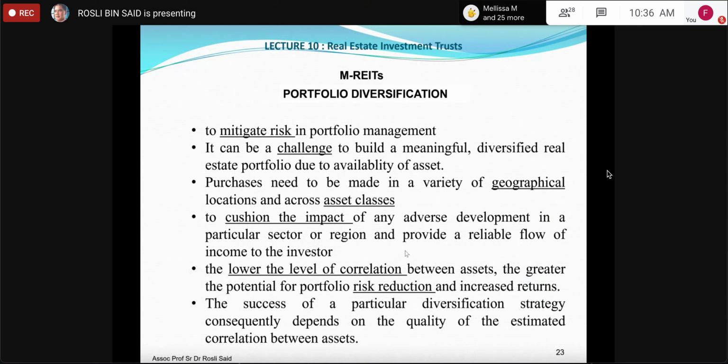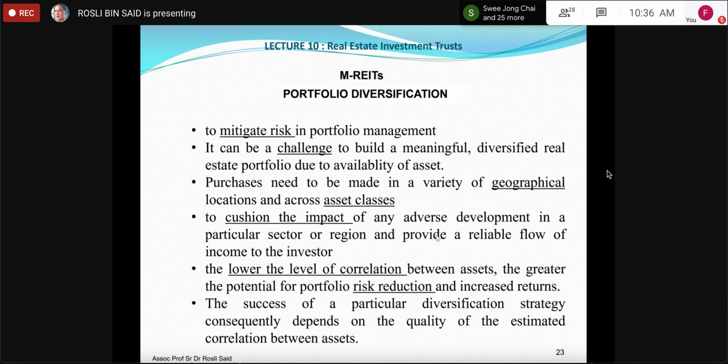So basically, the diversification can be separated in terms of geographical locations, that means either in Johor, in Selangor, or in Penang, or across asset classes such as residential, commercial, industrial, etc. You will become a cushion that, to what we call it, protects one particular sector.